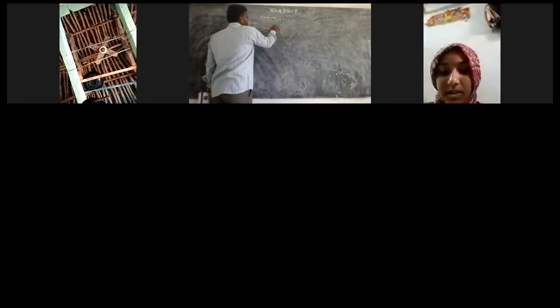So first of all, write the length of the rectangular sheet. How much is it? 5 2 by 3 centimeters.